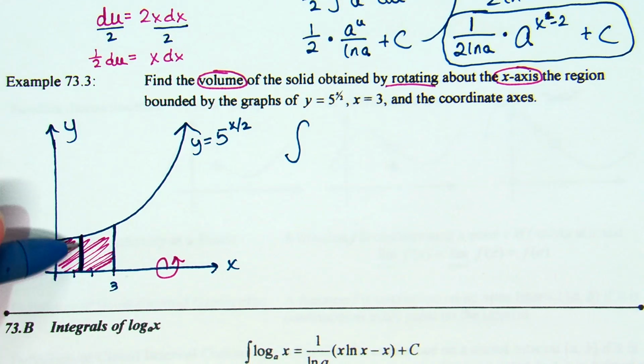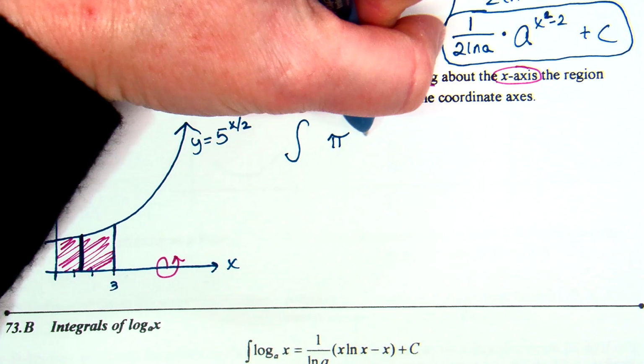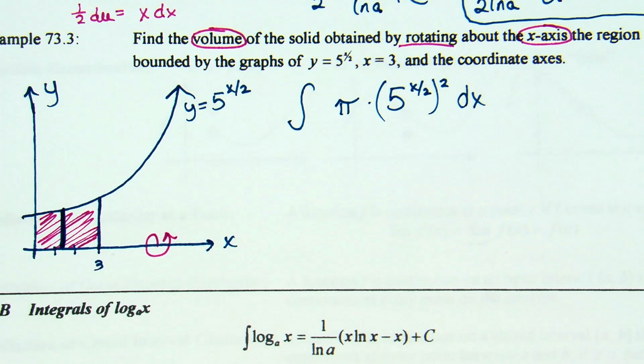So we're going to do a pi times our function squared. What's the function we're rotating? It's that 5 to the x over 2, quantity squared. Of course, I need to tack on a dx. What about boundaries, limits?